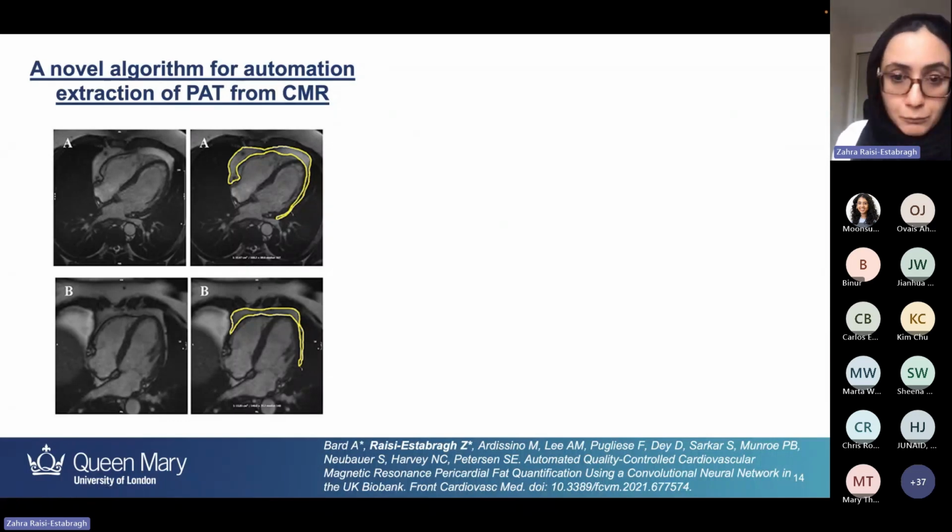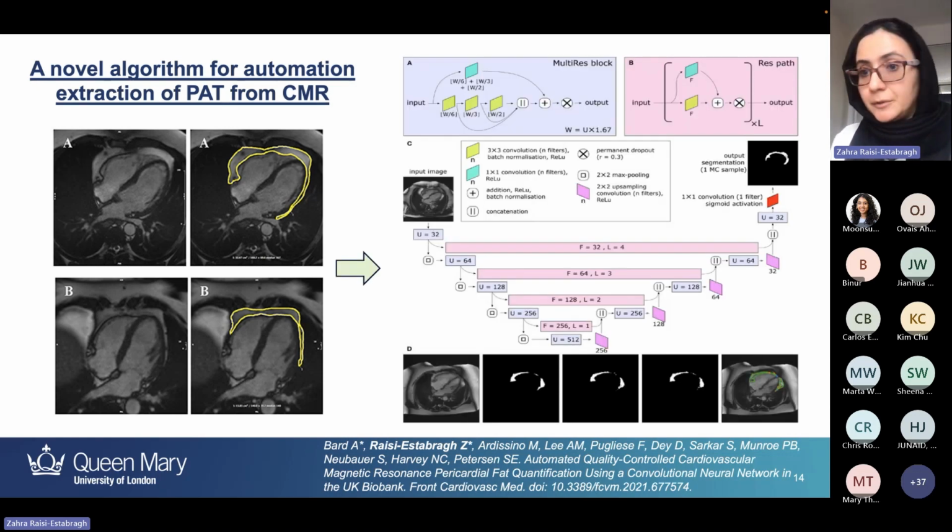But of course, we needed to automate this process. And after creating a ground truth manual segmentation data set, we used this to develop an automated tool using a convolutional neural network, which generated these area segmentations, outputted the area metric, and also had a quality control indicator, which allowed us to understand the quality of the segmentation produced.